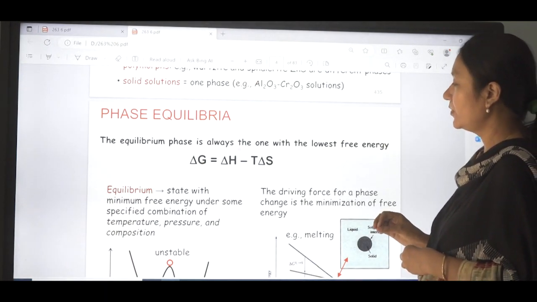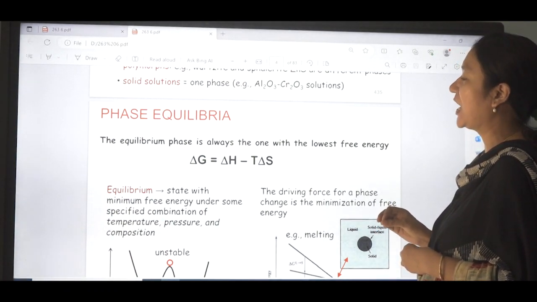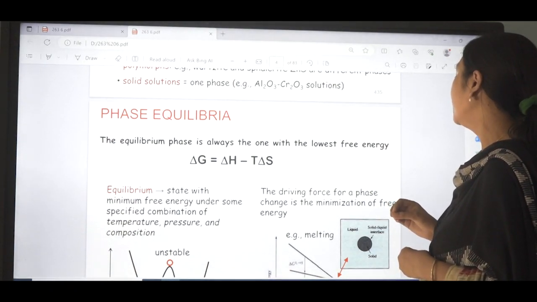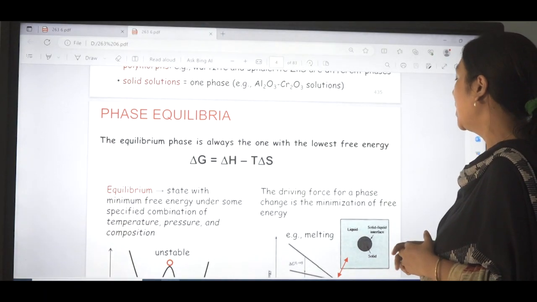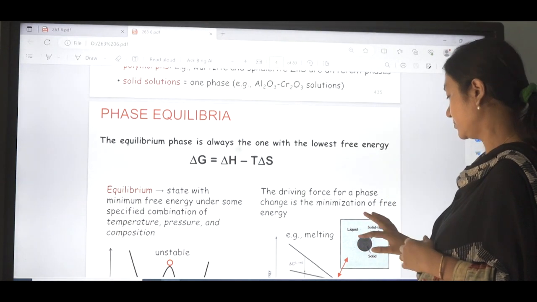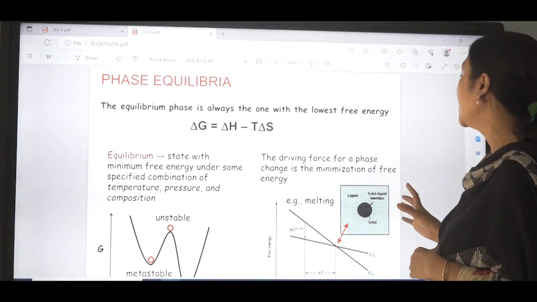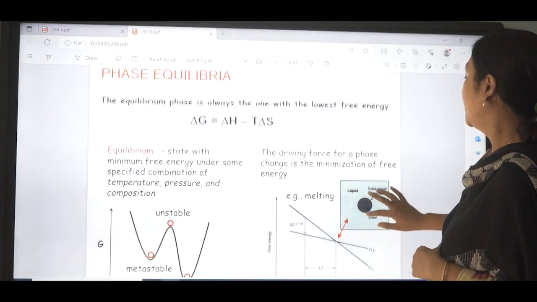So the pressure and temperature combination has to be specific, otherwise the equilibrium will not be maintained. The driving force for a phase change is the minimization of free energy. So ultimately, when we make the phase diagram, our only reason is to minimize the free energy.